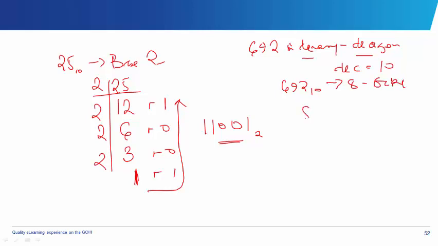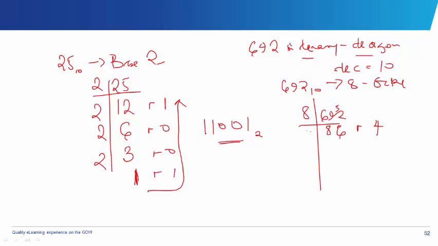Okay, so as usual, like we did for the other one, divide by 8, 692. So 8 into 69 will give us 8, which is 64. Then we bring down the next digit and we'll have 8 times 6, which is 48, remainder 4.